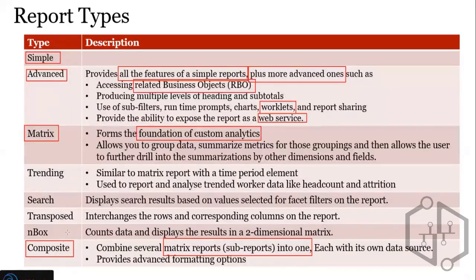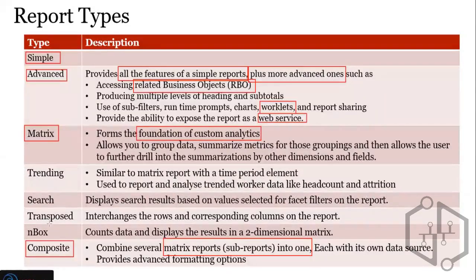Now we'll not talk about composite reporting in this course because, as I mentioned, it's part of Workday's advanced reporting course. This is where you can bring data from multiple sub-reports, one or many, and then you can apply advanced formatting options. So for example, let's say in a cell or in a column, you want to highlight those cost centers with the number of employees less than 5 or more than 100.